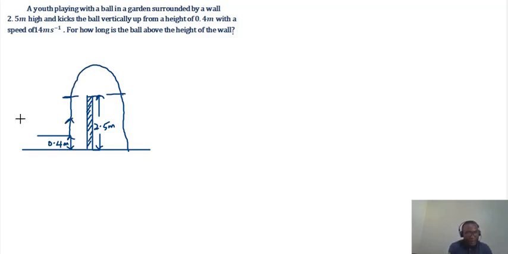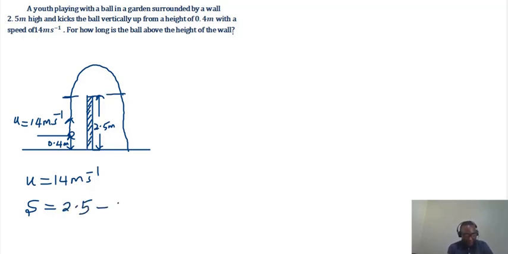So we know that the initial velocity is 14 meters per second. The displacement of the ball is going to be the whole of 2.5 minus 0.4. That's the displacement of the ball, which is giving us 2.1 meters. Now, this ball is kicked upwards, meaning that the acceleration is going to be negative g.